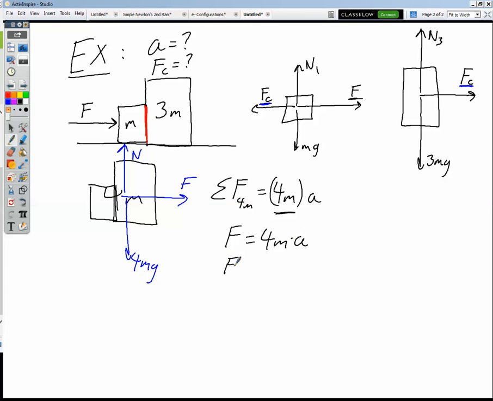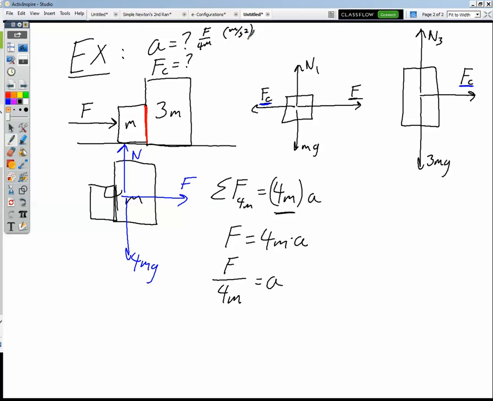So F divided by 4m is the acceleration of the system. And this is going to be to the right. And if we know numbers for F and m, then we can get a numerical answer for the acceleration in meters per second squared. So we've answered the first one up here. It's going to be F over 4m for the acceleration, in meters per second squared.